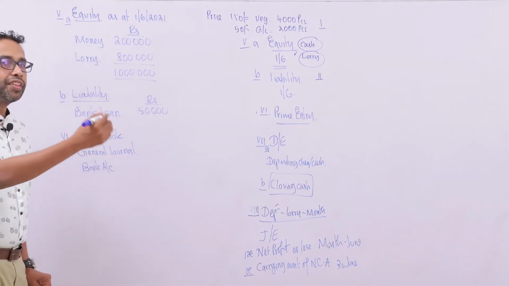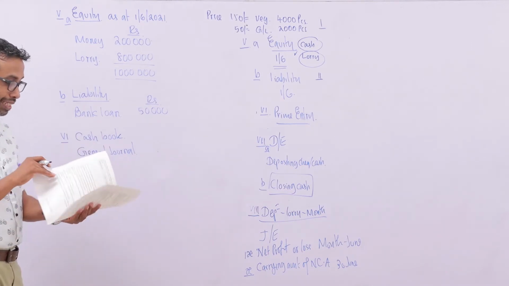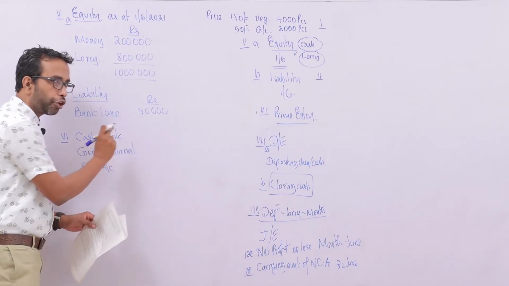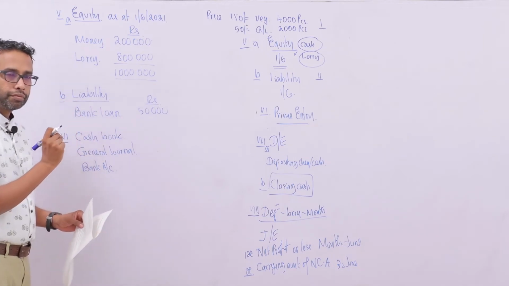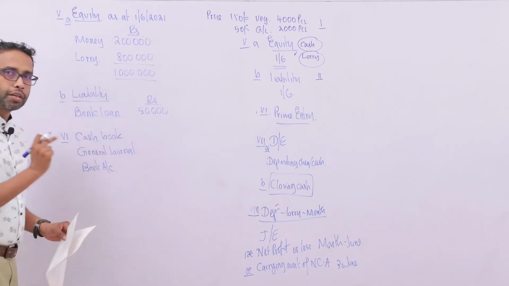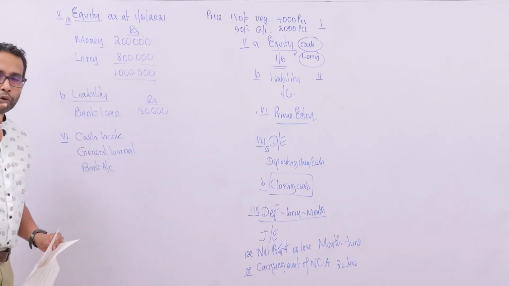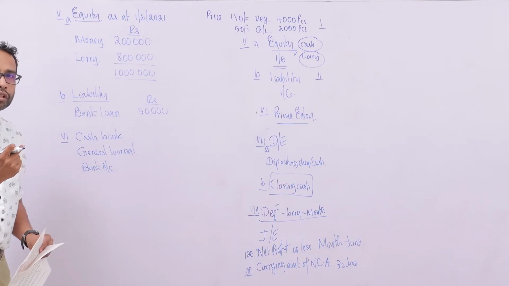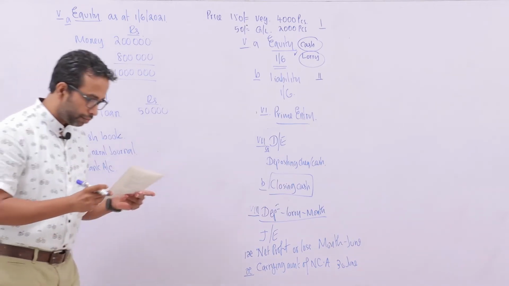In case they ask for supporting documents: for the cash book, the supporting documents are payment voucher and receipt. General journal, the supporting document is the journal voucher. Bank account, the supporting document is either check counterfoil or payment voucher or check butt or bank statement. Clear? Right.